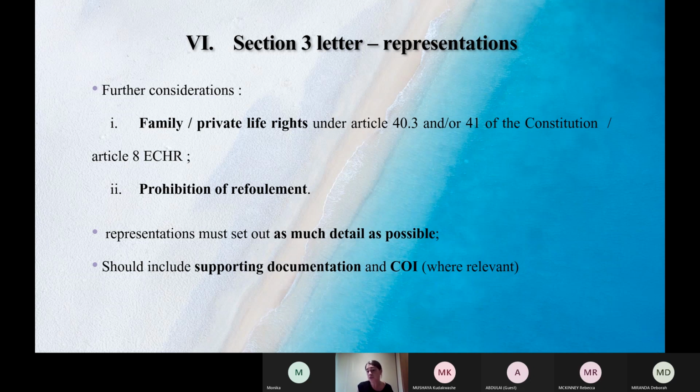So they're links to the community, to their employment, to their fellow employees, if they're members of any community groups or religious groups, and also it's really strong if a person can get letters of support or reference letters to say that they have good character, that they're working well in the community.